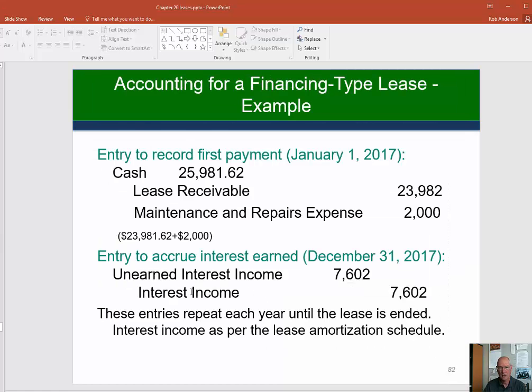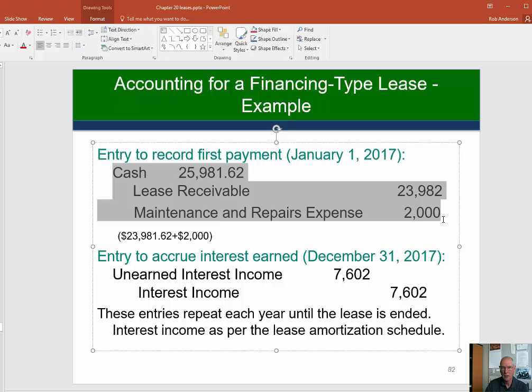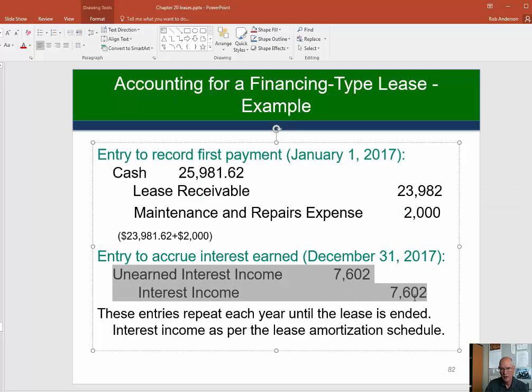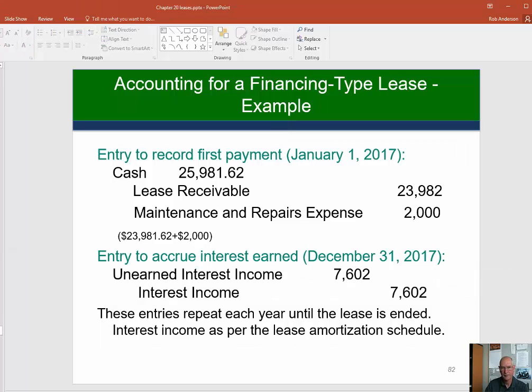So we reduce unearned interest income and we credit interest income. Now I haven't done every journal entry for this lease because these entries just repeat every single year until the lease is over. And remember, there's no residual value here. So every year they give you the money, and every year you accrue your interest income.